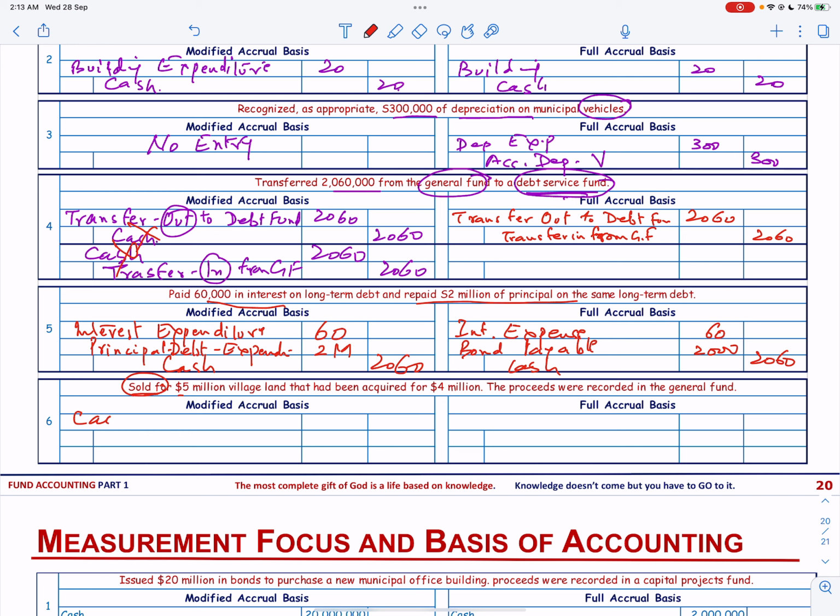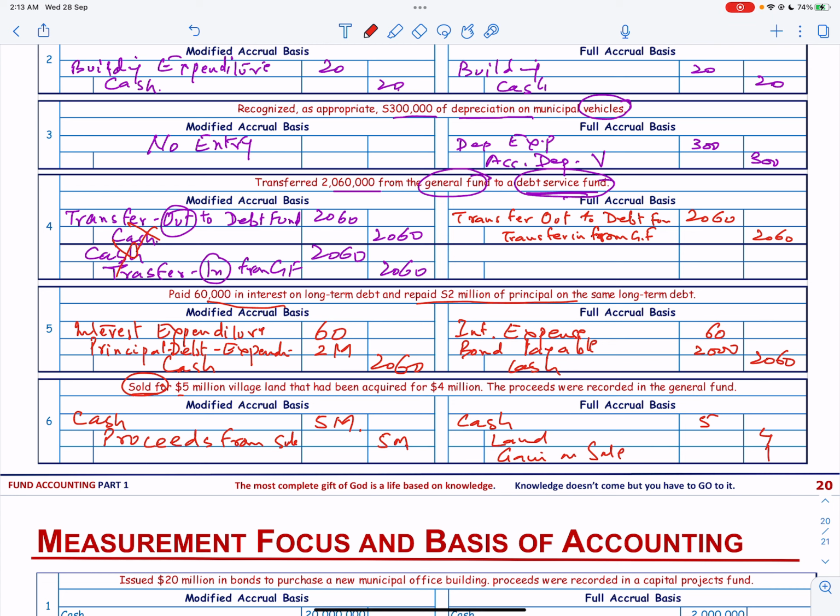So cash is debit by 5 million and proceeds from sales is credited by 5 million. And under the full accrual basis, cash is debit by 5 million and land is credited by 4 million and gain on sale is credited by 1 million.